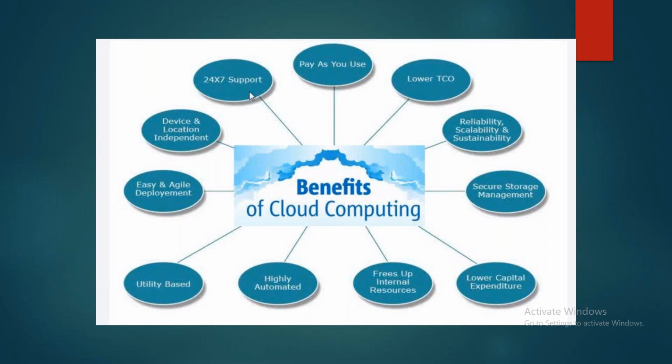Lower total cost of ownership, right? So what happens in the traditional model? Let's say suppose you want to use the Siebel CRM. What you need to do is purchase the Siebel CRM license first. That license itself will be a few $100,000, right?